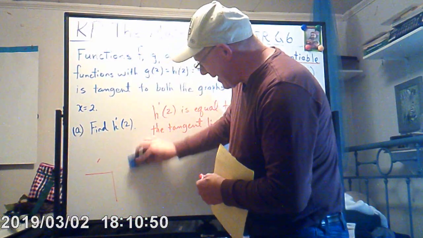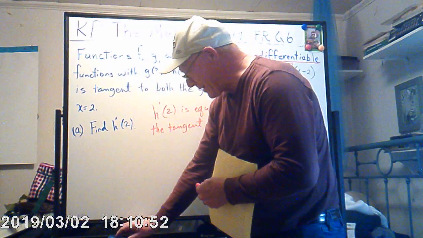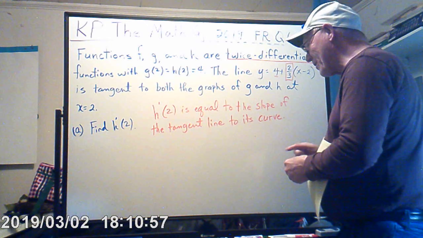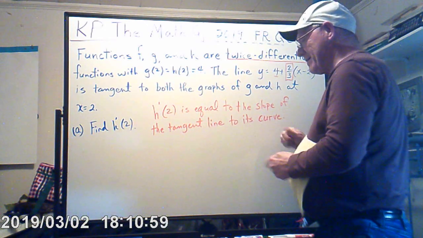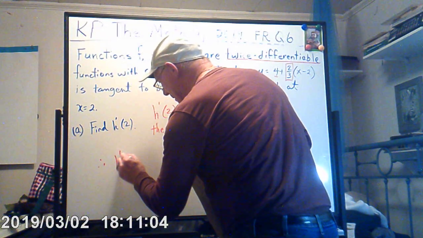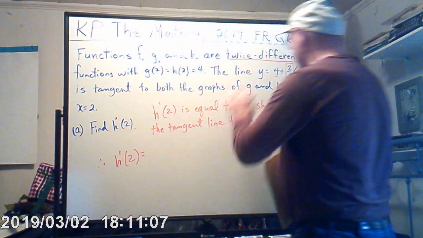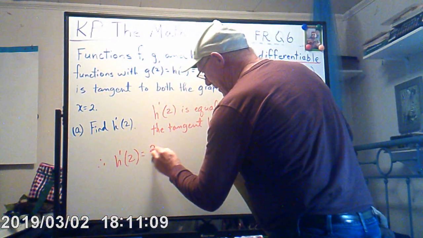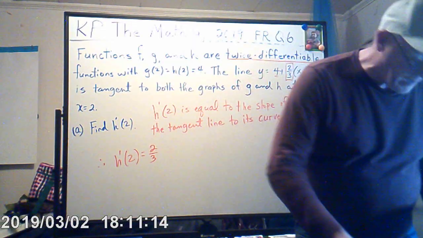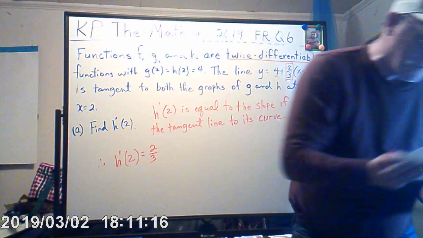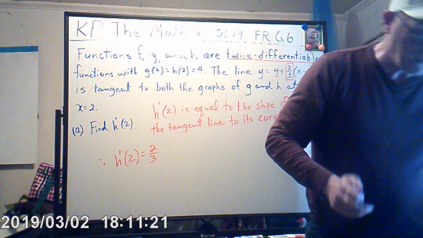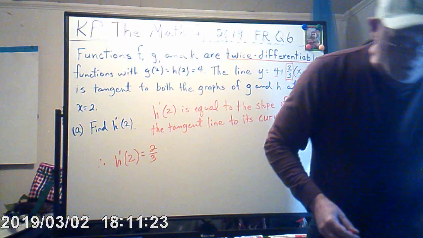That is something you learn right off the bat when you are learning about slope. So understand, therefore, h prime at 2 is equal to this slope here. That's all it can be. It's kind of a no-brainer situation. That's really all you can say about that one.